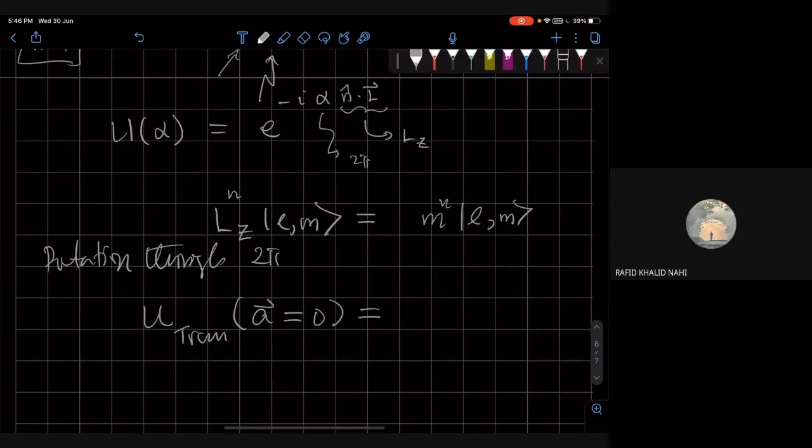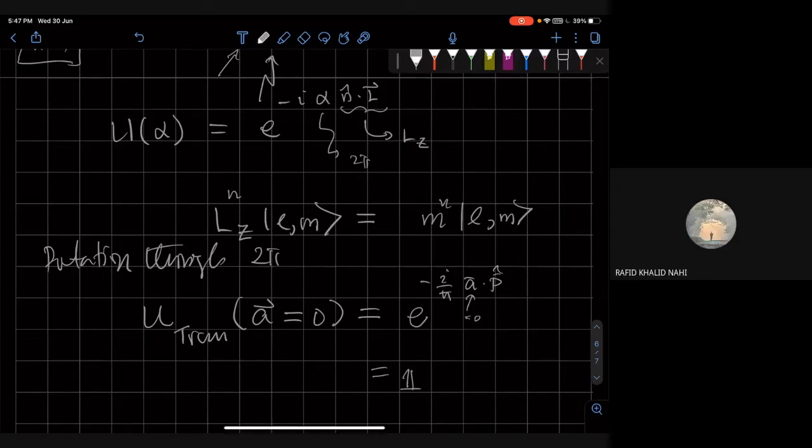Then what is the translation operator going to be? It's e to the power minus i by h bar a dot p. So if this is 0, what happens to this operator? So the identity operator. Yeah.